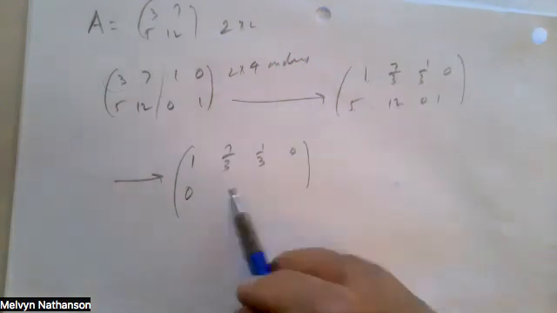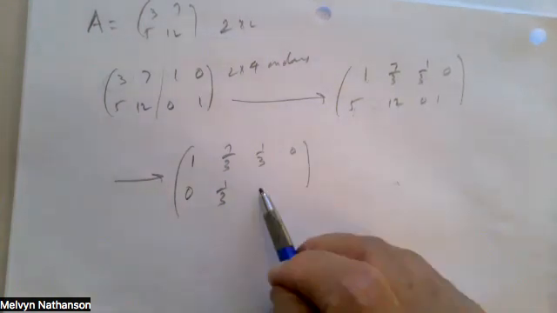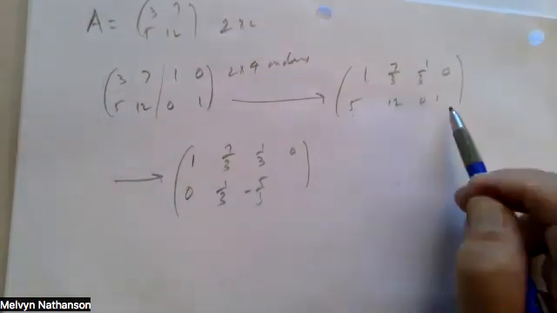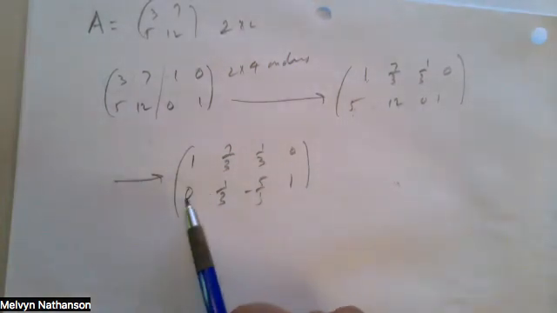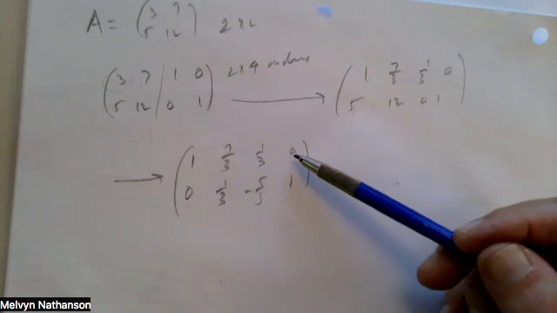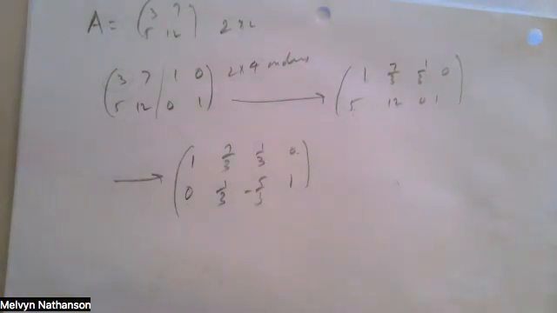So 36 minus 35, that's 1/3. 0 minus 5/3 is minus 5/3. 1 minus 5 times 0 is 1.